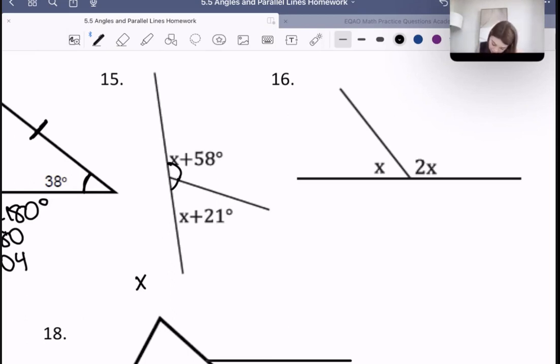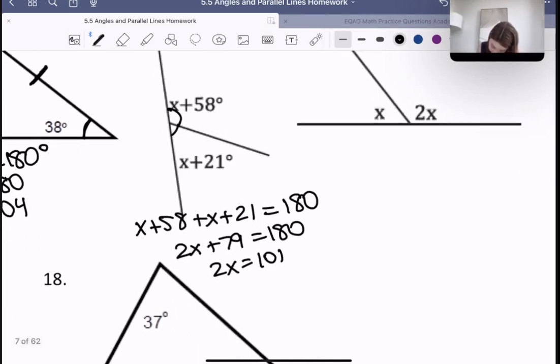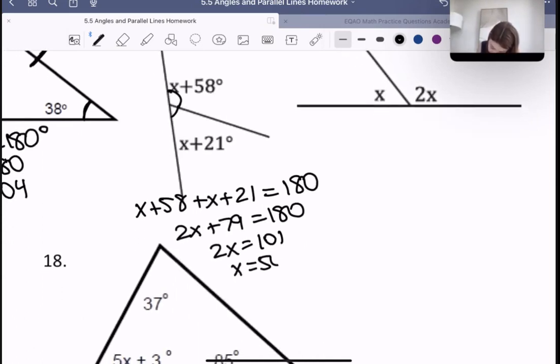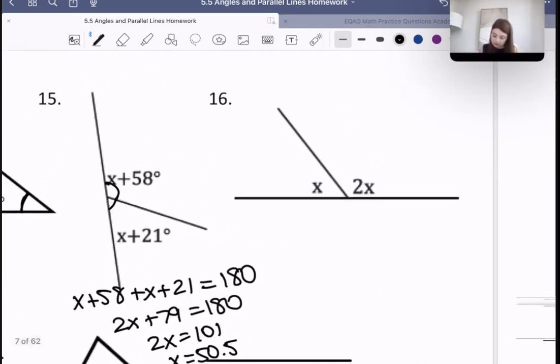We know that x plus 58 plus x plus 21 is equal to 180 degrees, which means that 2x plus 79 is equal to 180 degrees, which means 2x is equal to 101, or that x is equal to 50.5 in this situation. Good.